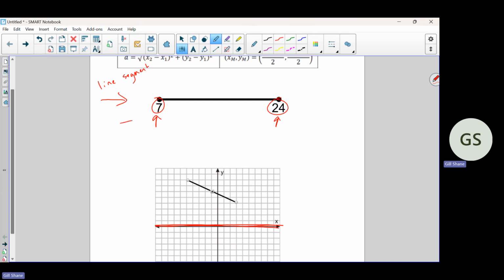So to the left of 7, we have negative numbers, 0, 1, 2, 3, 4, 5, 6. To the right of 24, we have 25, 26, 27, forever. So we're just talking about the segment of a number line that is from 7 to 24. So when we use it, it's just like using the X's from the midpoint formula.